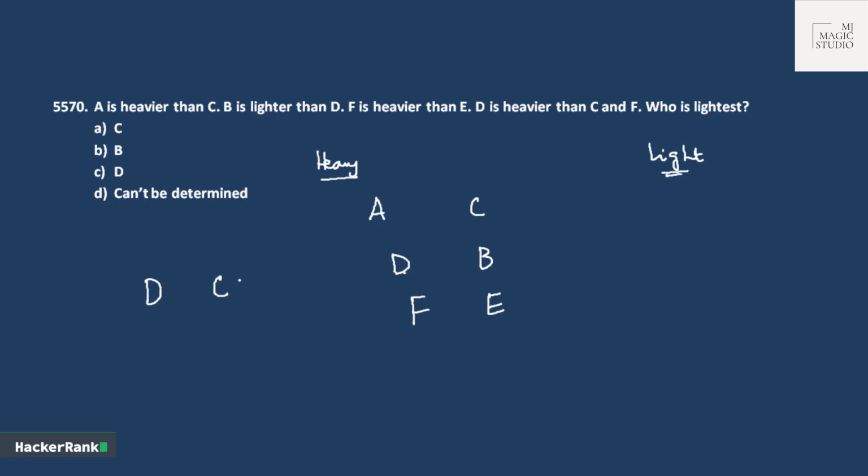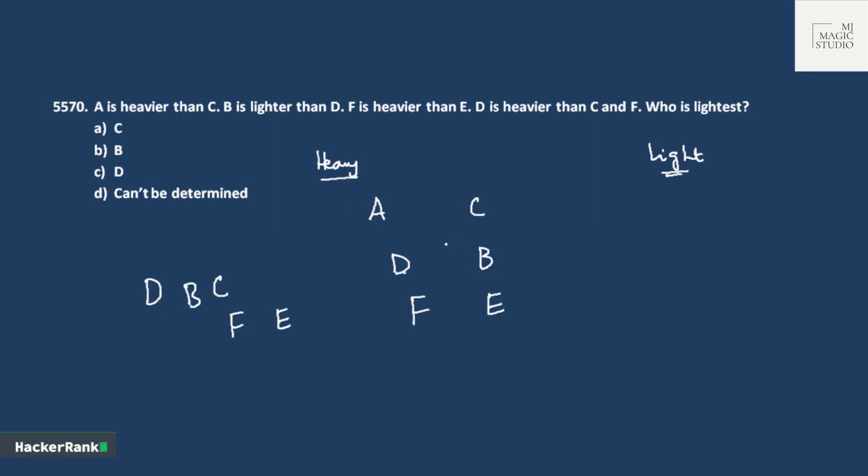So after D, we should have C, and then F can be anywhere here. E, we have got B, B can be anywhere. Who is the lightest? We are not in a position to find who is the lightest.